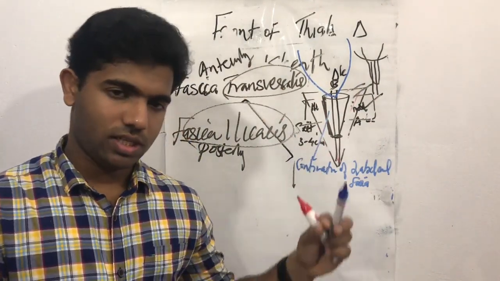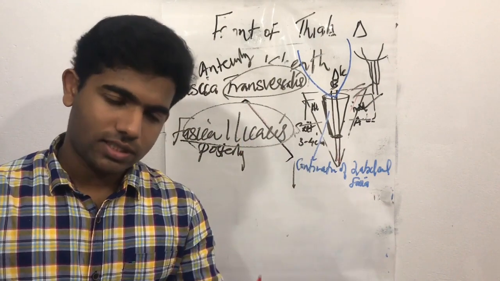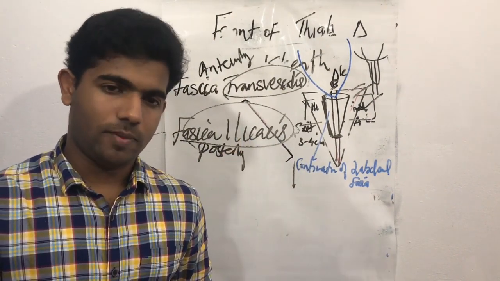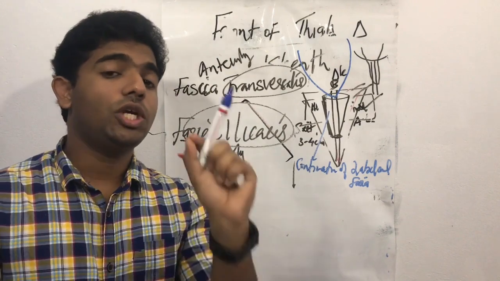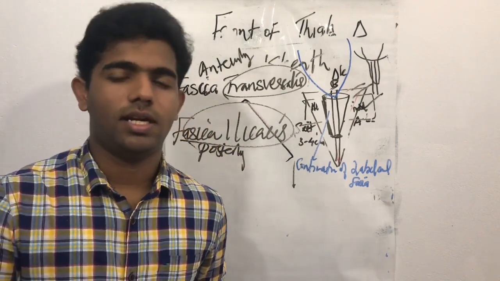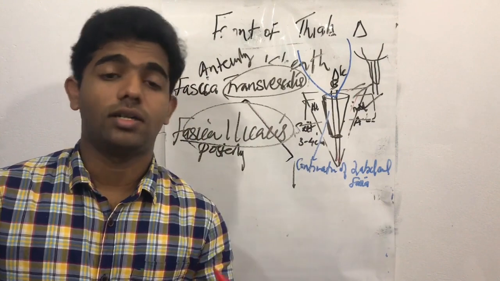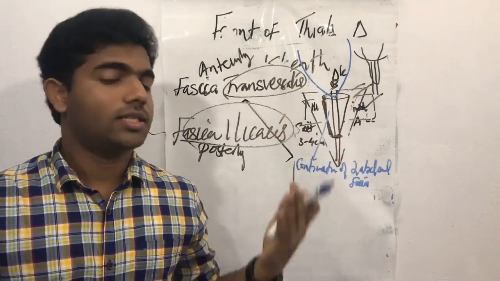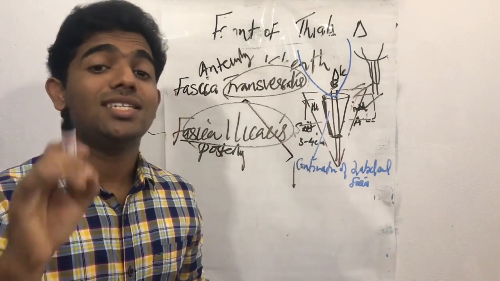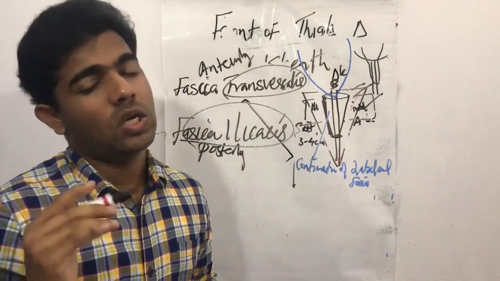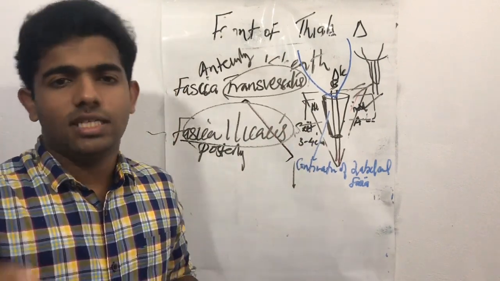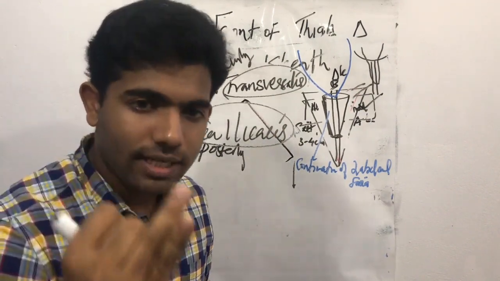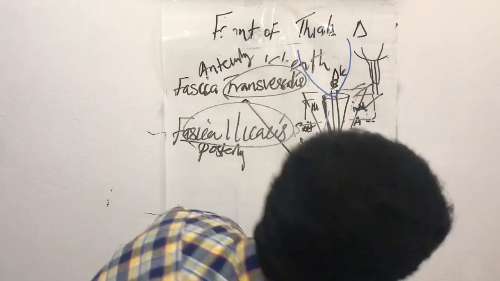The femoral sheath is a conical shaped sleeve of fascia that covers 3 to 4 centimeters of the femoral vessels, which are the femoral artery and femoral vein. A fascia cannot come suddenly; it originates from the abdomen, from the fascia transversalis and fascia iliacus of the abdomen.